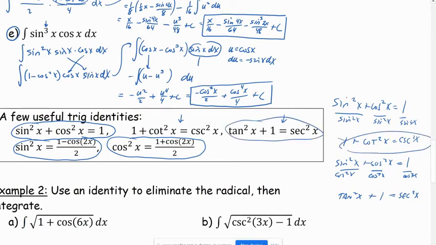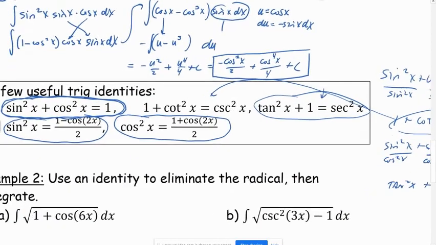So this one is here. So all the other two Pythagorean identities easily come from the first one. So if you just memorize that one, you can always get the other two if you forget them.